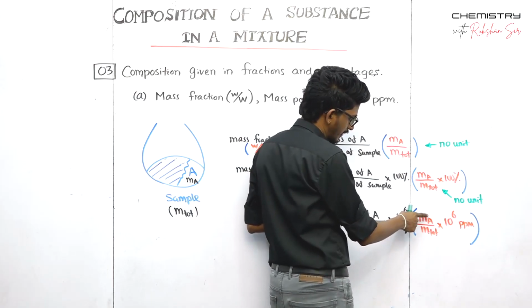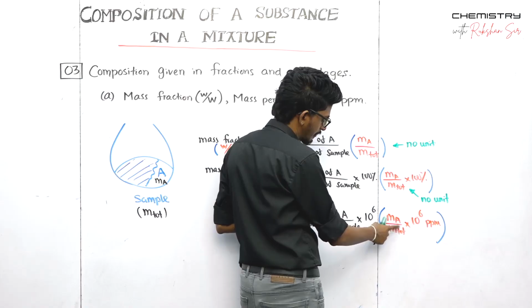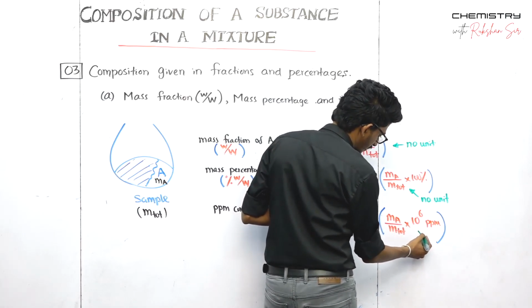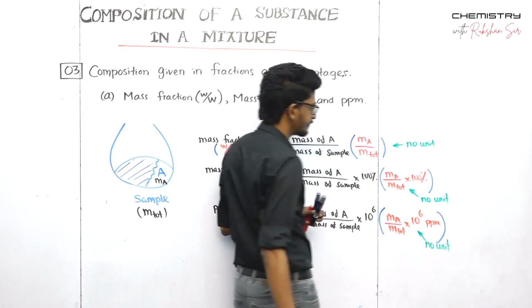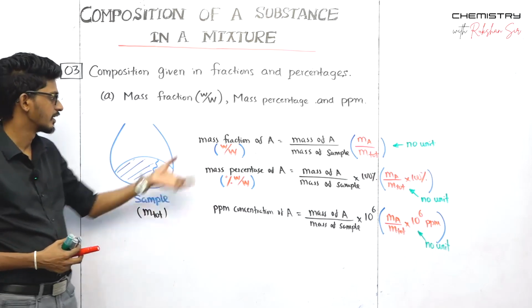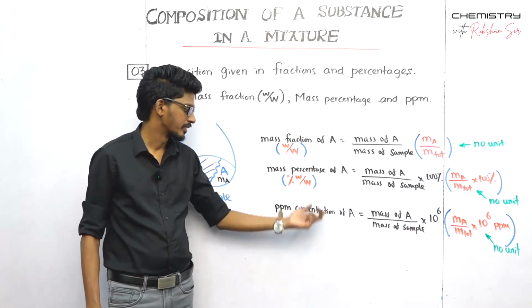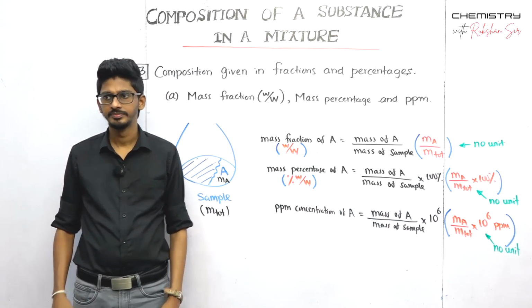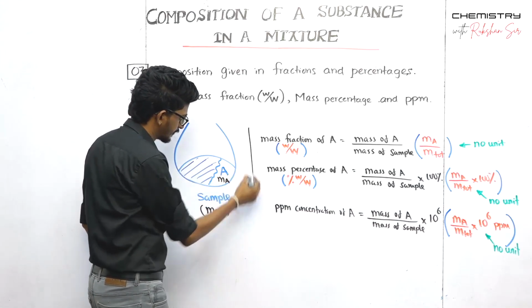If we are applying the mass of A in grams, the total mass also should be applied in grams, so the units will cancel off. No unit here as well. These are the first three things we are going to follow: mass fraction, mass percentage, and ppm concentration.